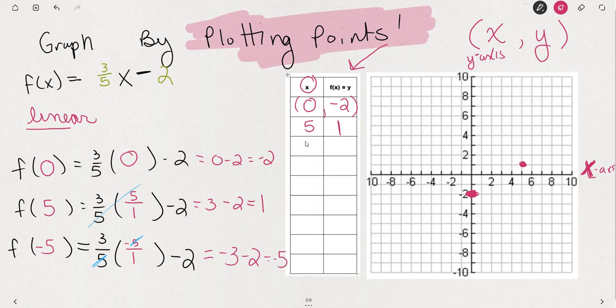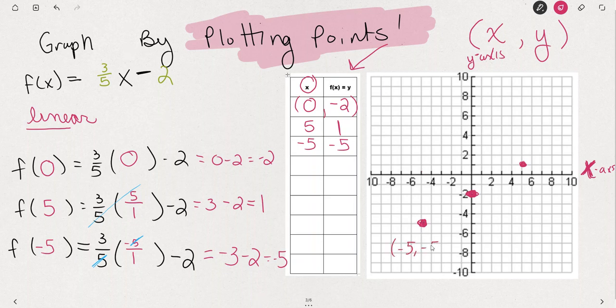So when x is -5, y is -5. So on the x-axis, I'm going to move -5, so that's 5 to the left. And I'm going to, on the y-axis, move -5, so that's 5 down. It looks like I'd come to this point right here.